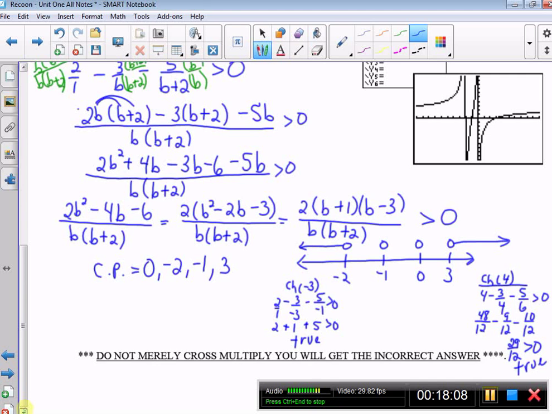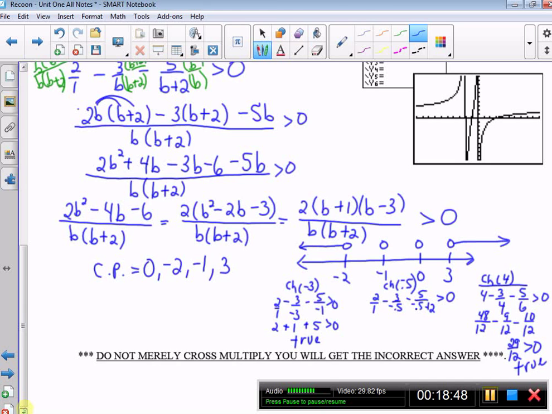So usually if they're connected this way, they're not connected between 0 and 3 and negative 2 and negative 1, so I'm going to also check a point. I need to be between negative 1 and 0, so I guess I have to check negative 0.5. So for that one, I have 2 over 1 minus 3 over negative 0.5 minus 5 over negative 0.5 plus 2.